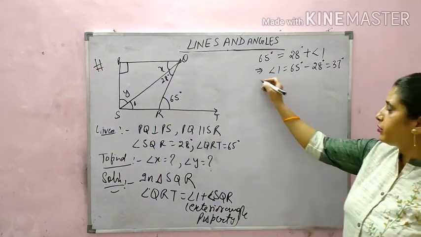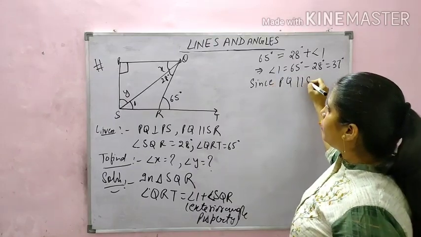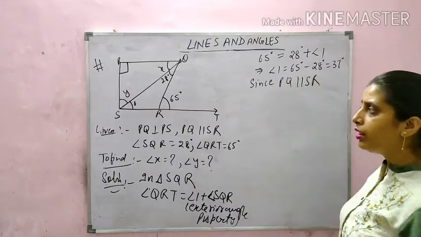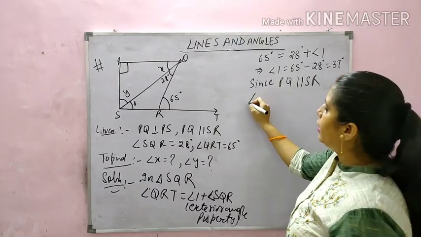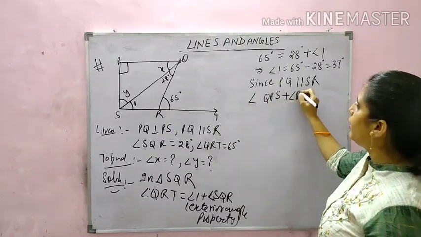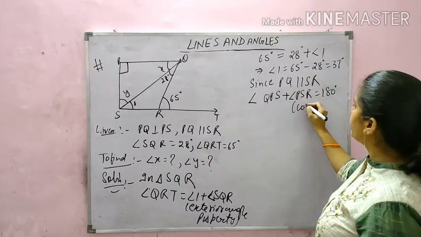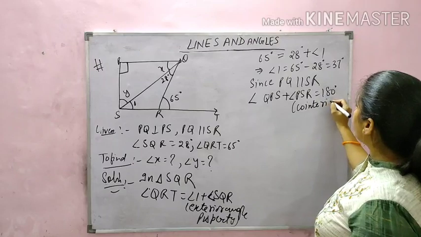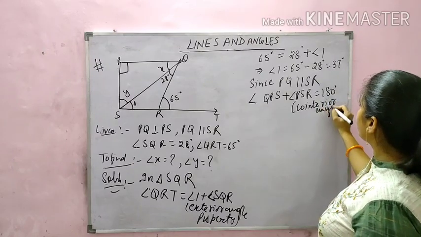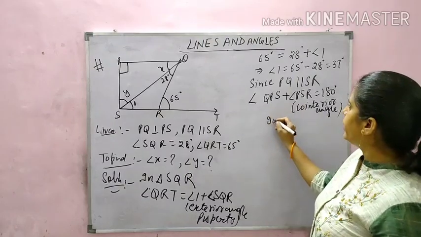Now see, since PQ parallel SR, clear? It means angle QPS plus angle PSR equal to 180 degree. Why? Co-interior angle. Clear? Now QPS is 90 degree.